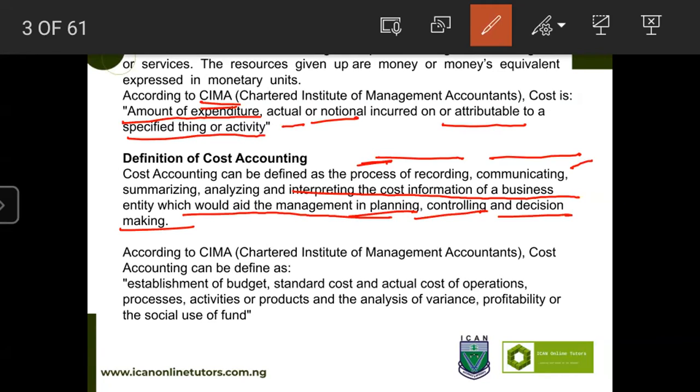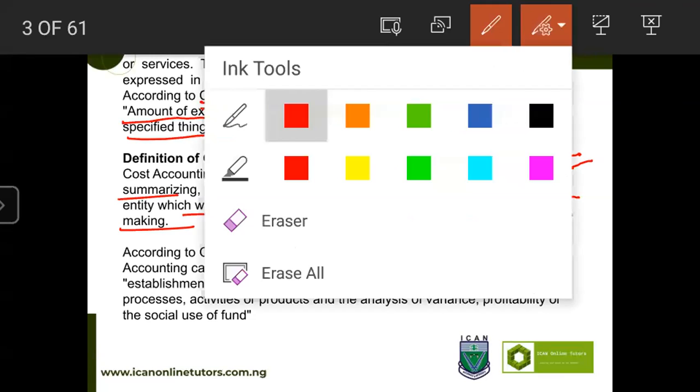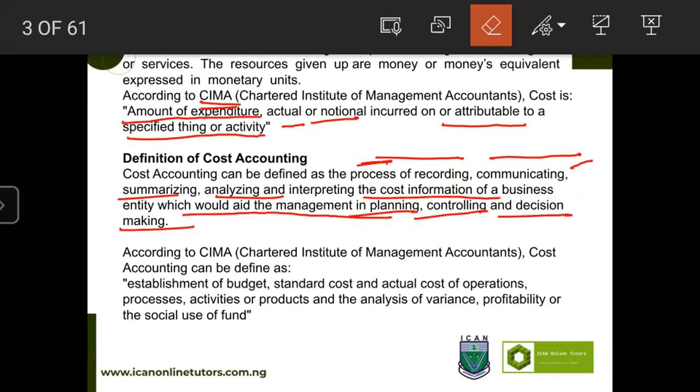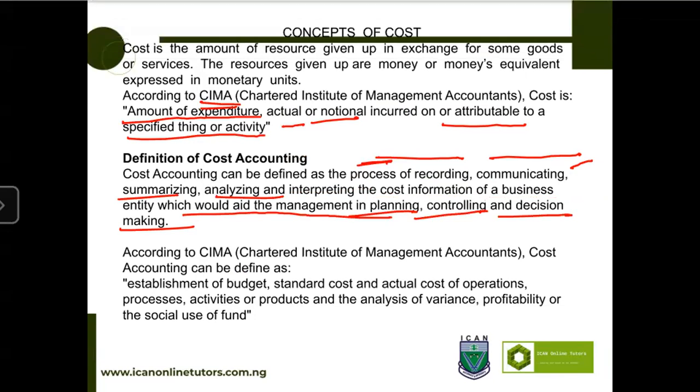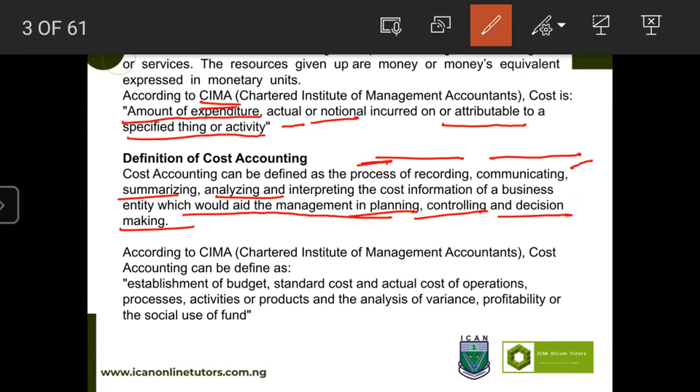When you are communicating, your communication should be what? It should be in a well summarized form, in which you would have already analyzed and interpreted the financial information. But here, it's no longer financial information. It is now a what? It is cost information. Here, it is cost information that you are summarizing.